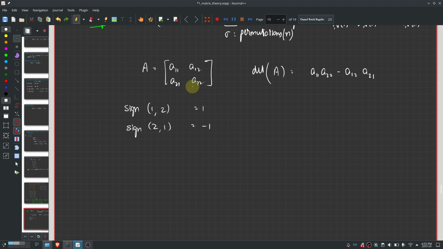Let's just apply this particular formula. What is the determinant of A? It is equal to the sign of 1 comma 2.